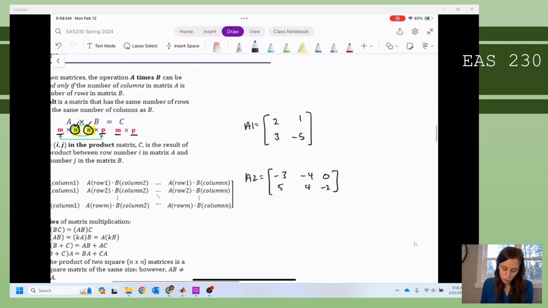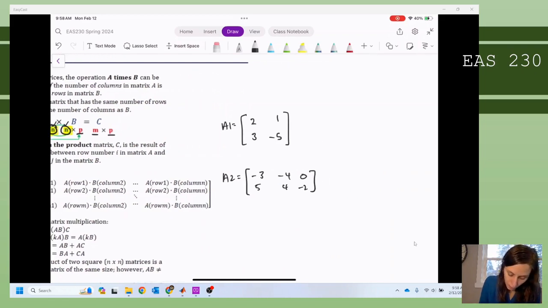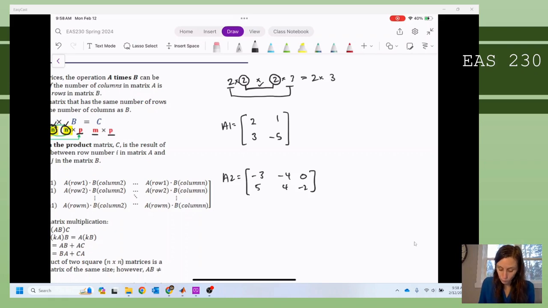So if I have these two matrices over here, A1 and A2, A1 is a 2 by 2. If I multiply that with A2, which is a 2 by 3, I have to check that the number of columns in A1 matches the number of rows in A2. These match, I'm good. My resulting answer matrix is going to be a 2 by 3.